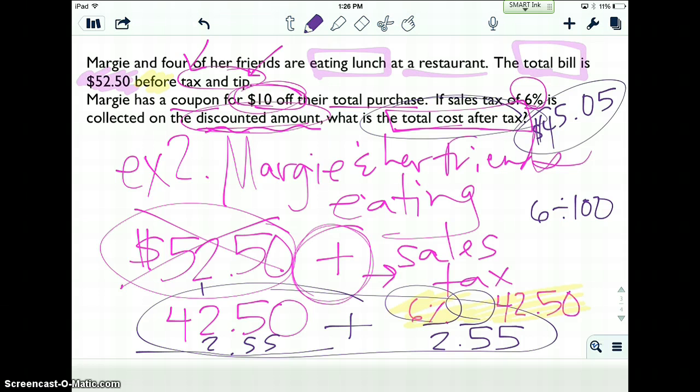Now you might be like, well, is she going to leave a tip? Yeah, there's more to this problem, and we will be discovering that in class. So Margie and her friends at this point owe $45.05 with the total cost after tax and that discount. I'll see you in class, people.